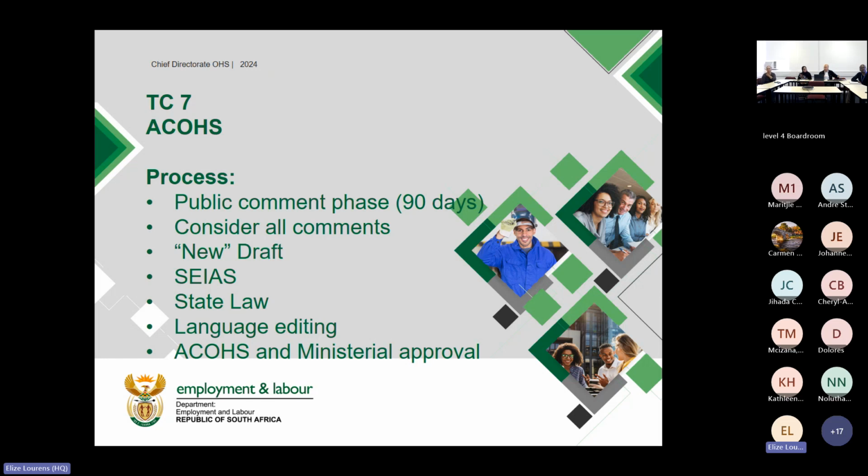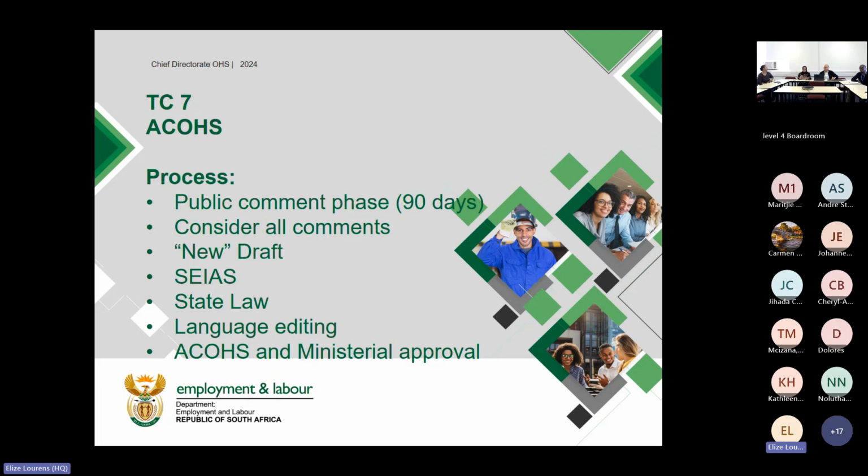This lasts for a period of 90 days, and that ends at the end of May. So Technical Committee 7 will look at all the comments that have been submitted in writing to us. We'll consider all of them, but considering all of them doesn't mean we will accept all of them, but every comment will be considered.